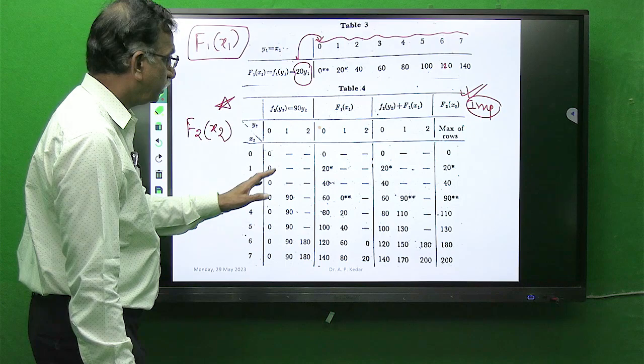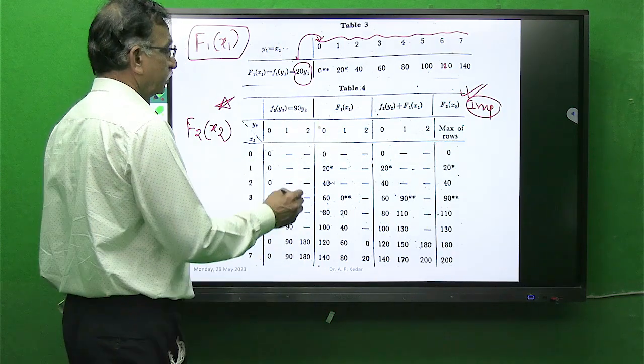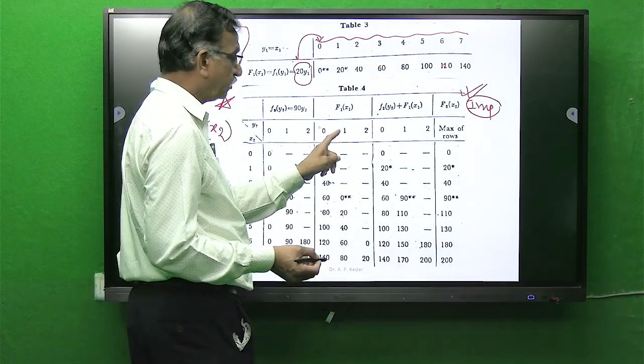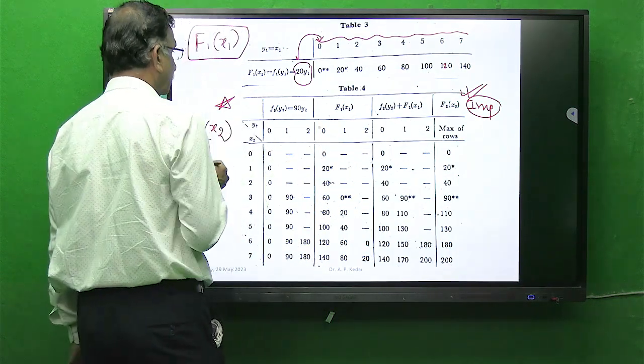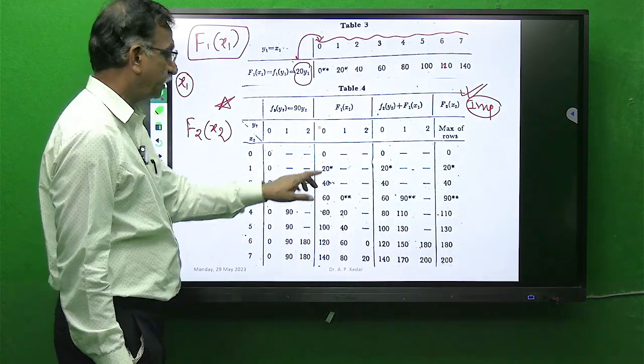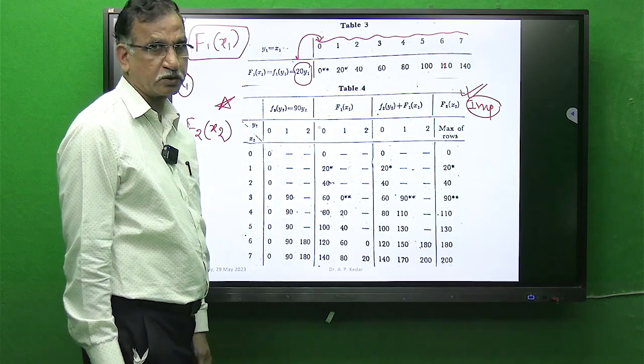Now, in our previous table for x1, we have the right hand side value table where we calculated the values for x1 by logic, and there we could get dashes at these places.